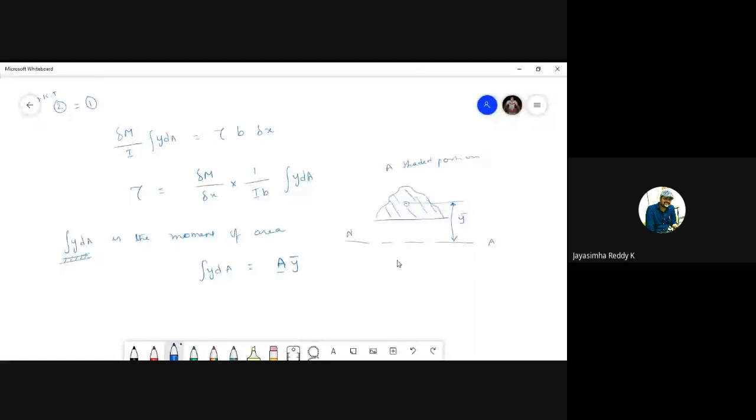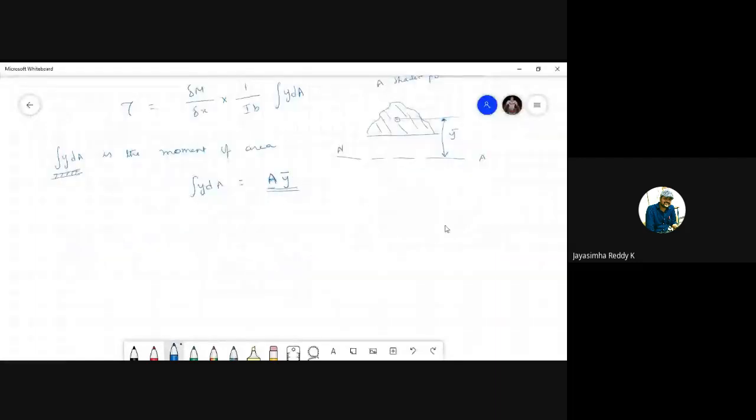Now if you take this, tau can be written as, see here, delta M by delta x. Moment is equal to force into distance, right? So here delta M by delta x is moment by distance.